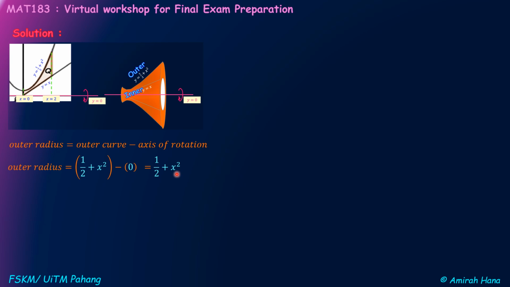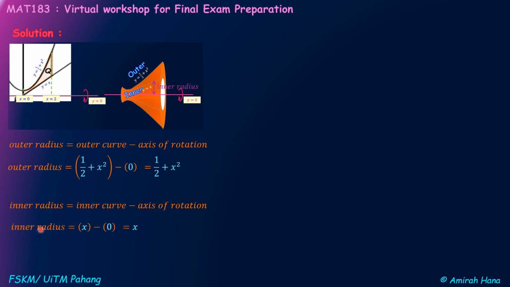Next, how about inner radius? Okay, this is the inner radius, right? Then we can write inner radius equals to inner curve or line, in this case line, minus axis of rotation, right?